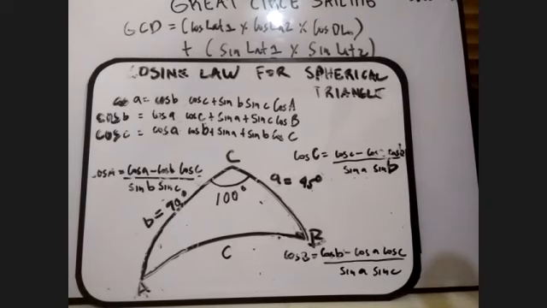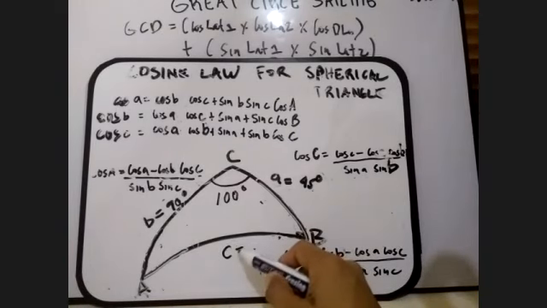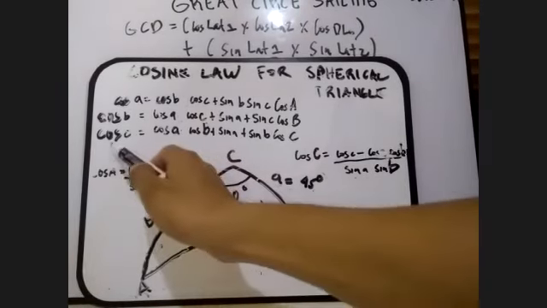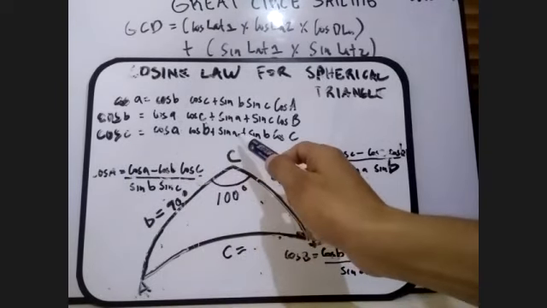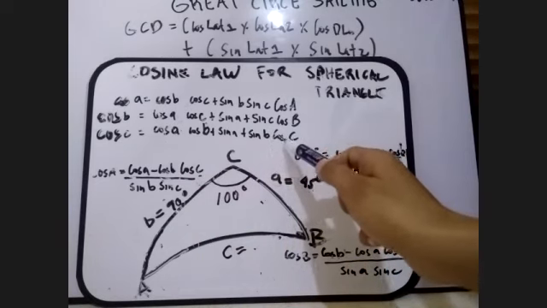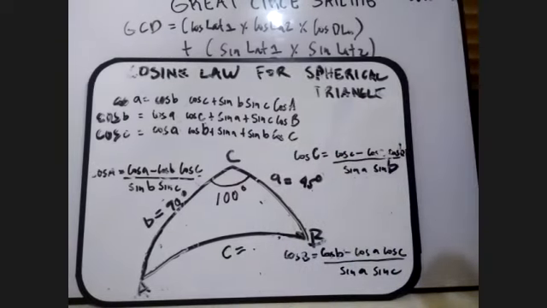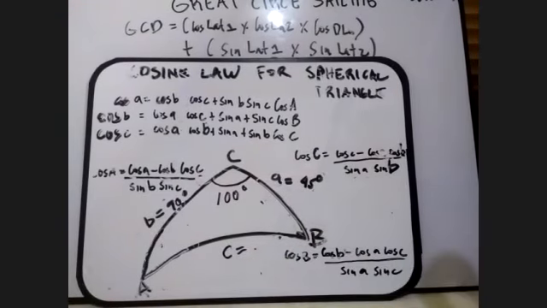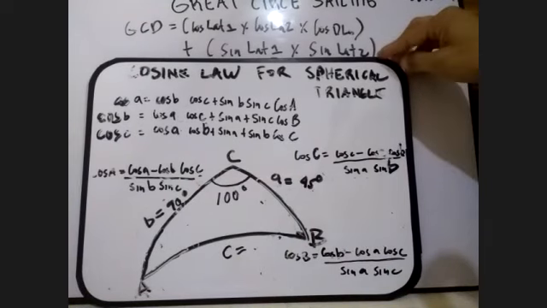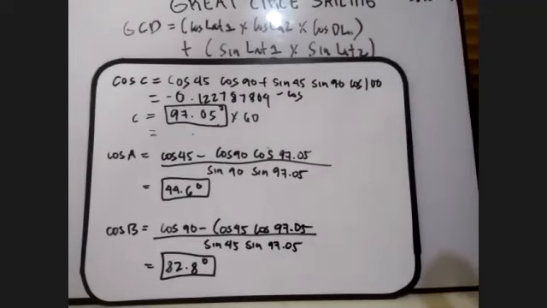So now, first we need to identify the C. This is the formula: cos A, cos B, plus sin A, sin B, cos big C. I already computed these letters so that we can immediately move on. And this is my computation.